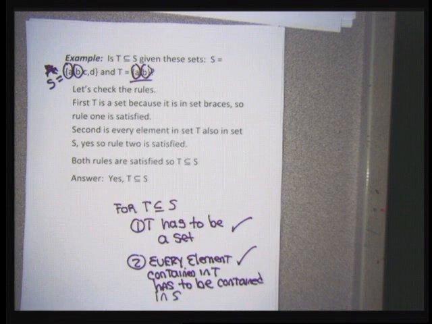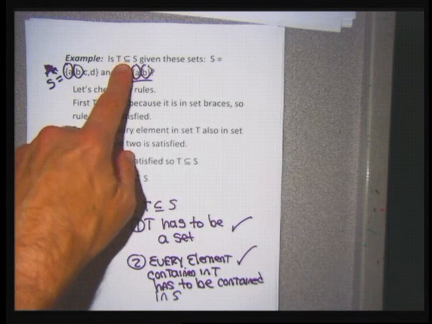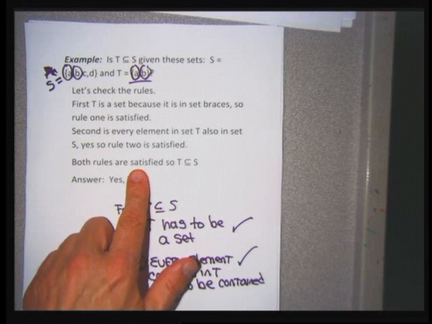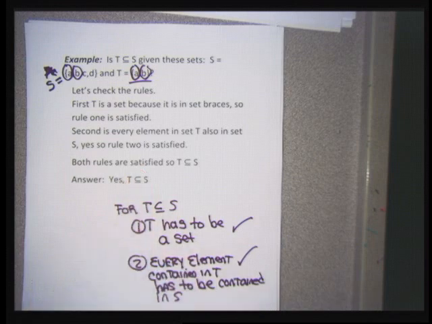When both rules are satisfied, the answer to the question, is T a subset of S, should be yes, T is a subset of S. If you just wrote yes and didn't put the T as a subset of S afterwards, completely okay.